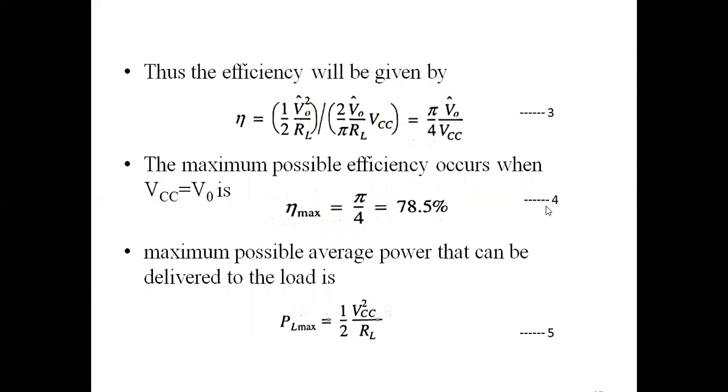Call this equation number 4. Therefore, the maximum efficiency of a class B amplifier is 78.5%, and the maximum possible average power that can be delivered to the load is 1 by 2 into V squared CC divided by RL. Call this equation number 5.